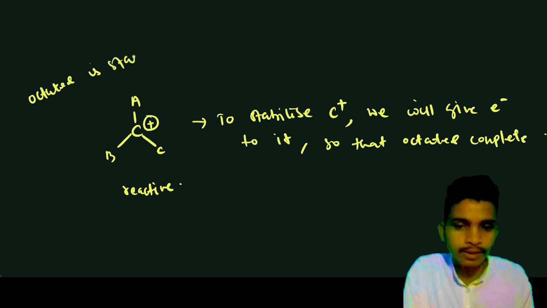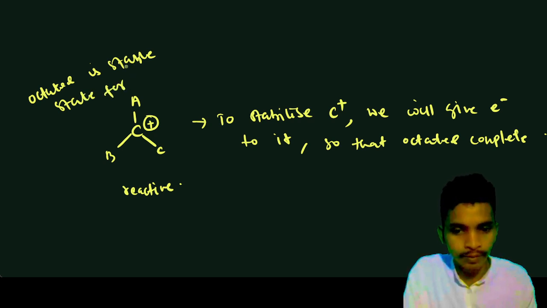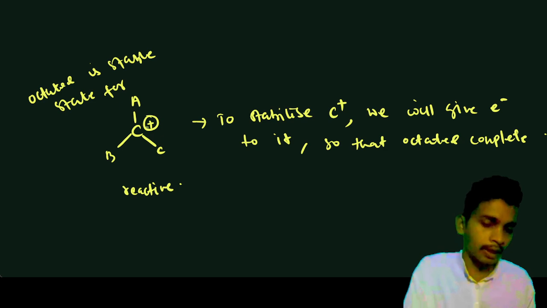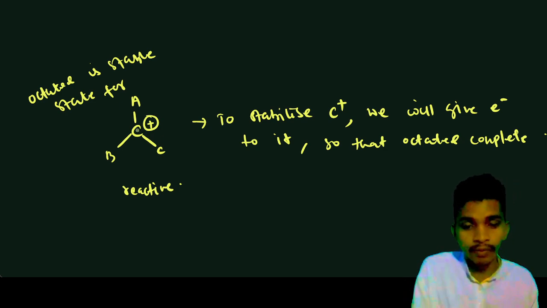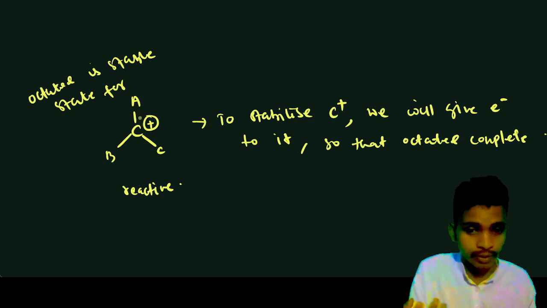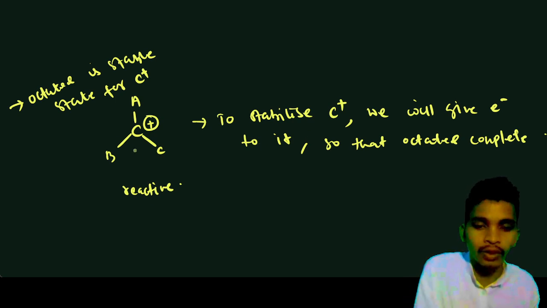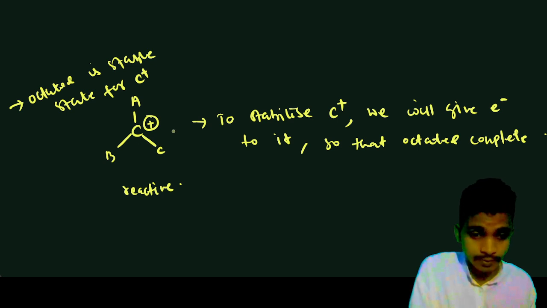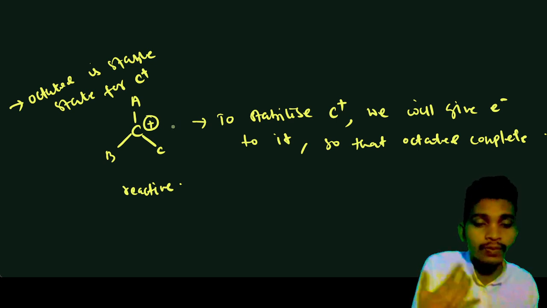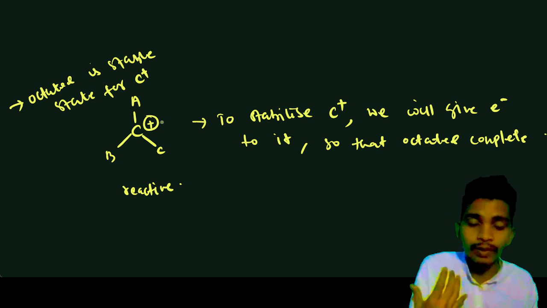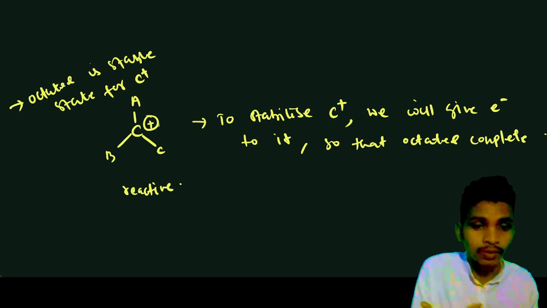Octet is the stable state for atoms like carbon, hydrogen, nitrogen, oxygen; they need the octet to be stable. So we have to give electrons to stabilize this carbocation. Something that gives electrons is a nucleophile.